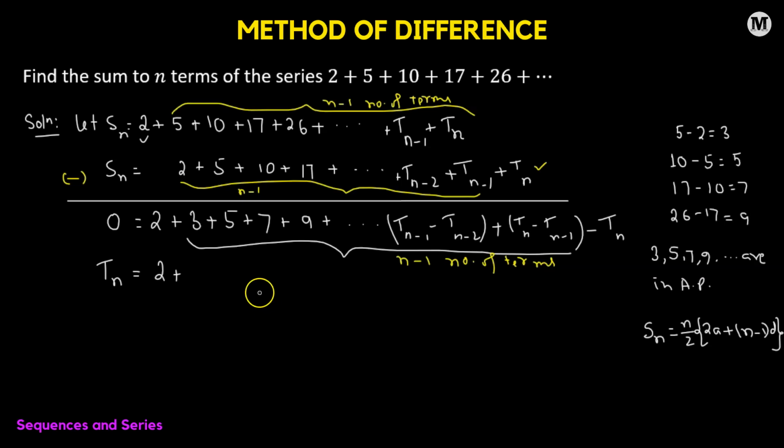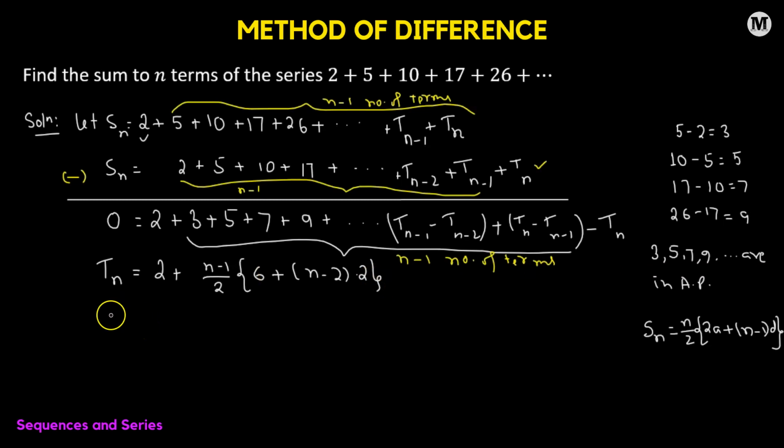Our sum is going to be the total number of terms, n minus 1, divided by 2, multiplied by 2 times the first term, our first term being 3, so 2 times 3, that's 6, added to n minus 1 minus 1, that simply becomes n minus 2, multiplied by the common difference, which is 2. When we simplify this, we're going to get n squared plus 1.